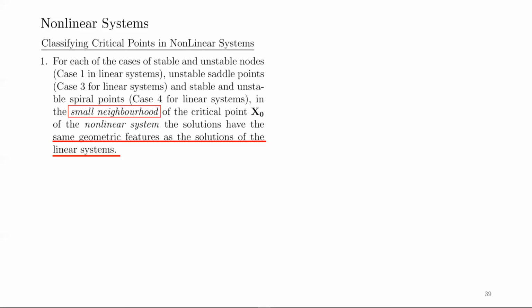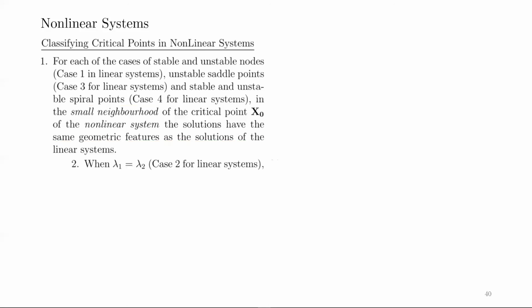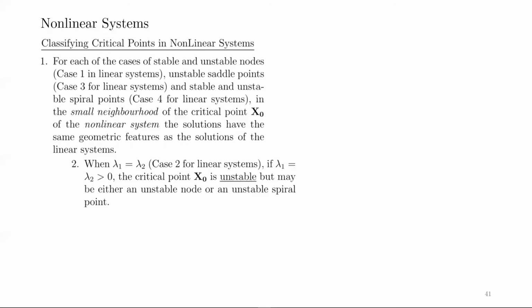However, for the case of repeated eigenvalues, so this is case 2 for linear systems, lambda 1 equals lambda 2, if lambda 1 equals lambda 2 is greater than 0, so if the eigenvalues are positive, then the critical point is unstable. But it may either be an unstable node or an unstable spiral point. We can classify that it's unstable, but we can't say whether it's an unstable node or an unstable spiral point. We just don't have enough information.